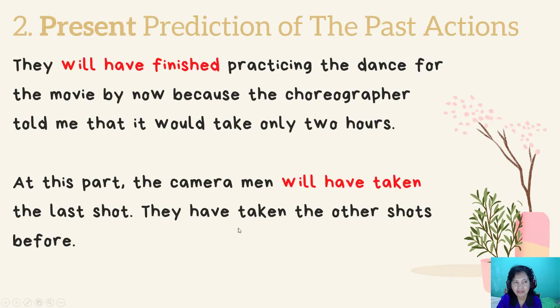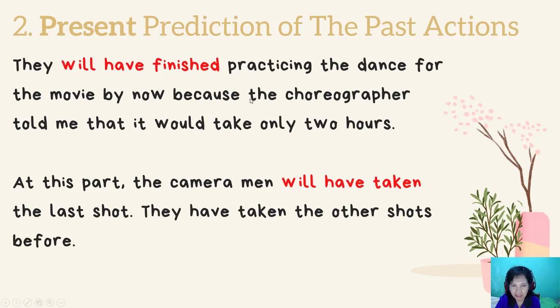Continue to the next. To show the present prediction of the past actions. So the prediction in present or now based on the past actions. This is because the choreographer told me that it would take only 2 hours. This is the past action.